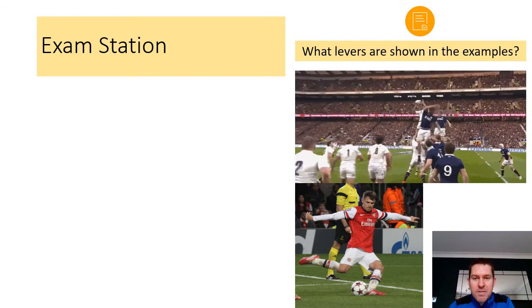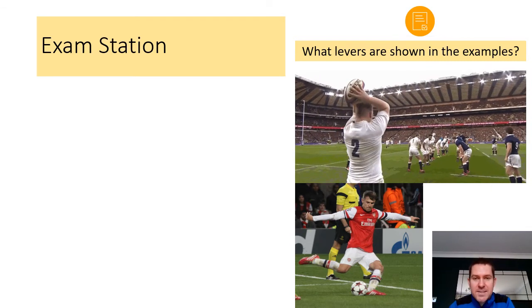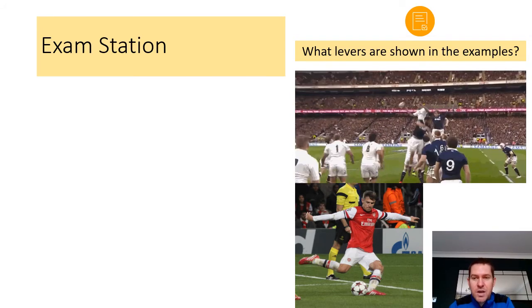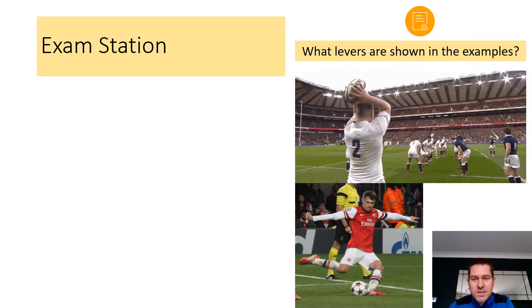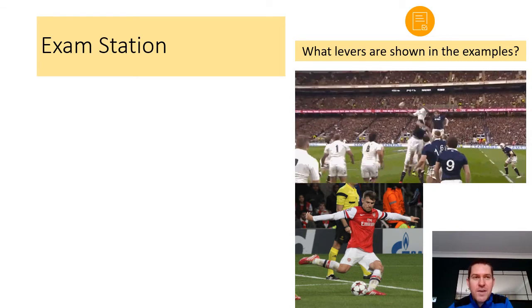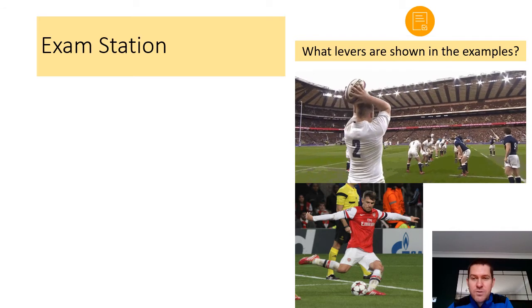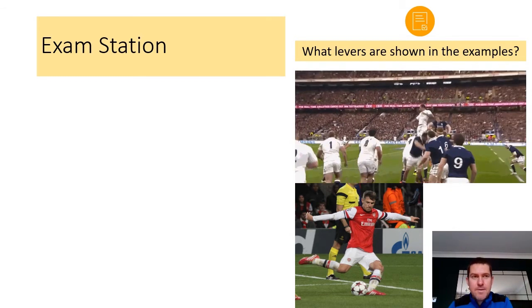And then the footballer at the bottom, drawing his leg back to kick the ball, in terms of that flexion. And if you want to have a go at the extension, the next phase where he strikes the ball and extends his leg, have a go at that as well. So pause your video here, see if you can apply those three class types and decide what you think is happening in those sporting examples.